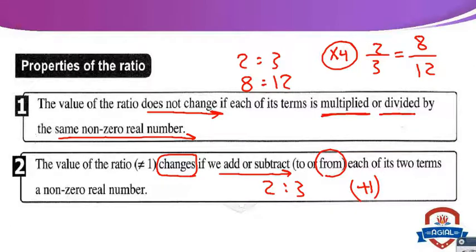Then 2 plus 1 equals 3, 3 plus 1 equals 4. Then 2 over 3 does not equal 3 over 4. Then the value of the ratio changes if we add to or subtract from each of its terms a non-zero real number.